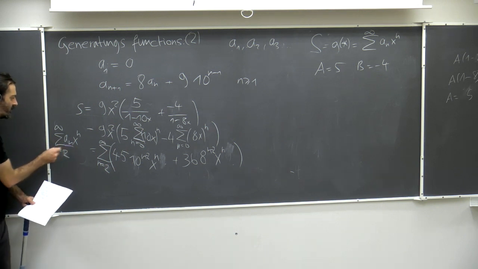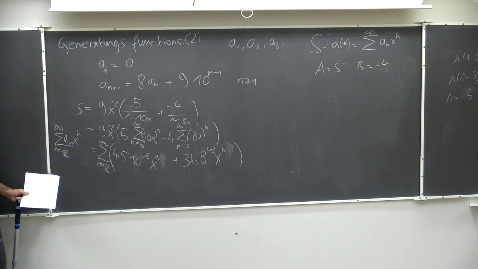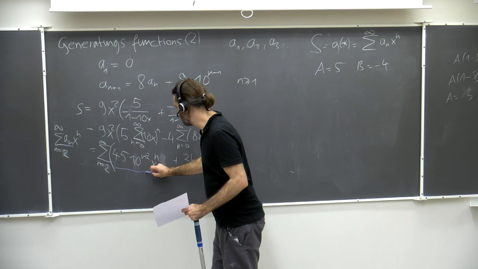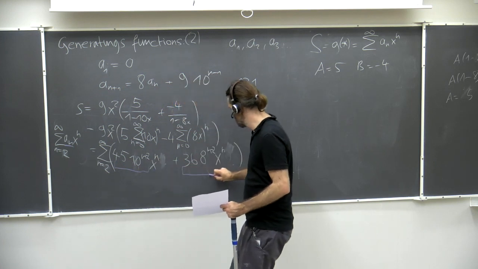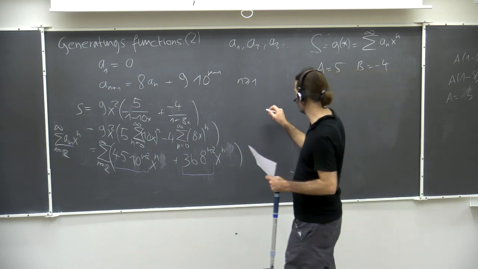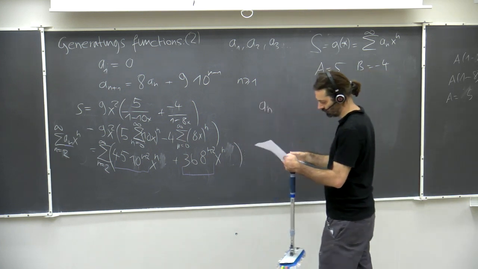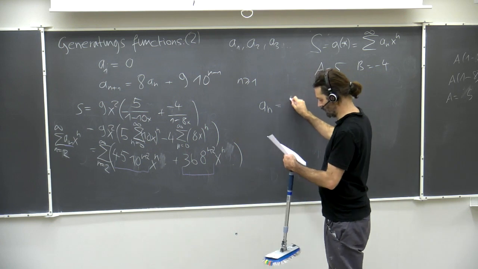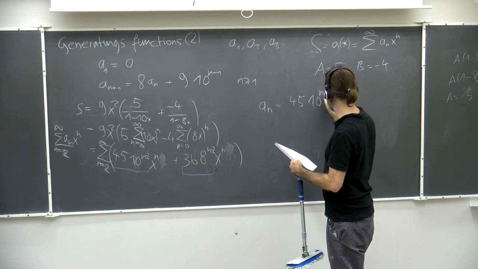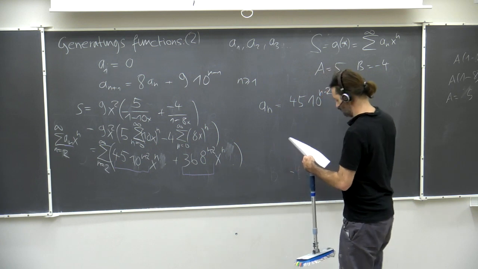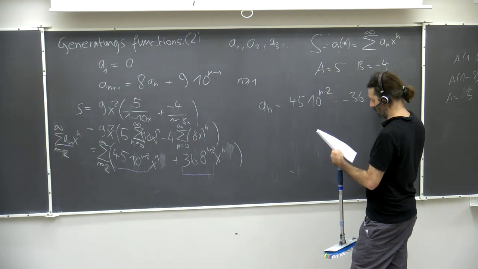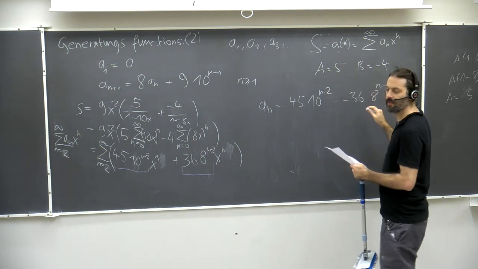Here you have an expression involving the a_n, and here you have an expression involving what the a_n are. So if I summarize it, a_n is equal to 45 times 10 to the n minus 2 minus 36 times 8 to the n minus 2, for n at least 2.